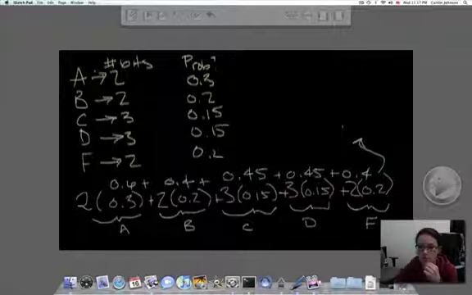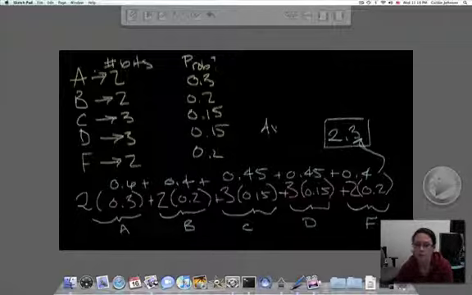So this is the average number of bits used to send all of the symbols over, an expected transmission is going to be 2.3. So this is our average number of bits.